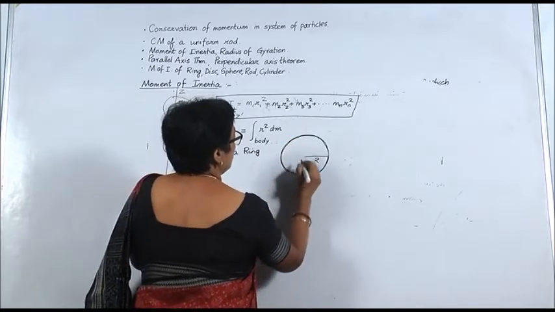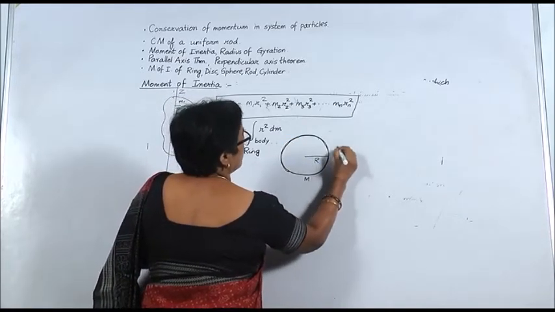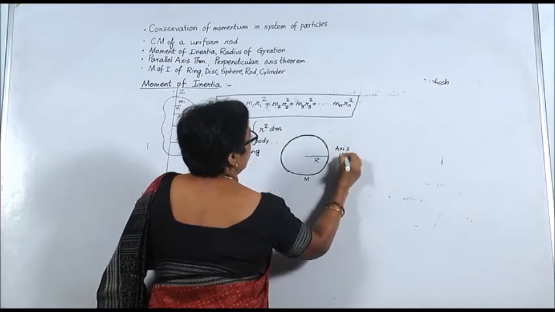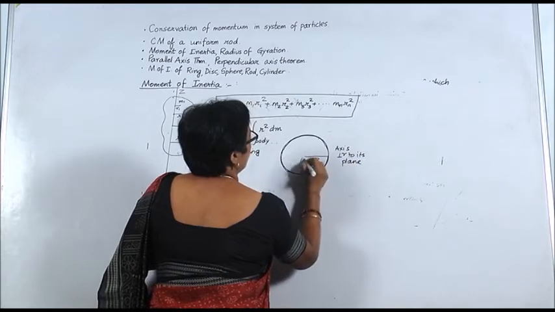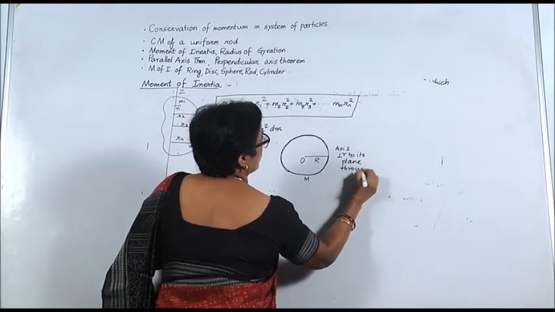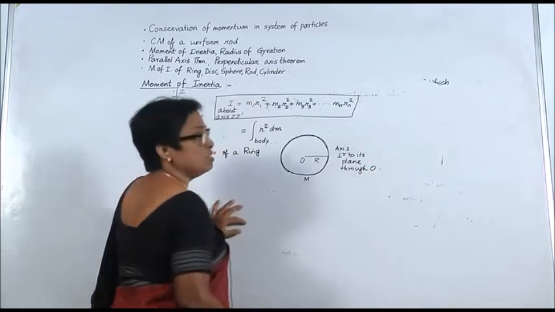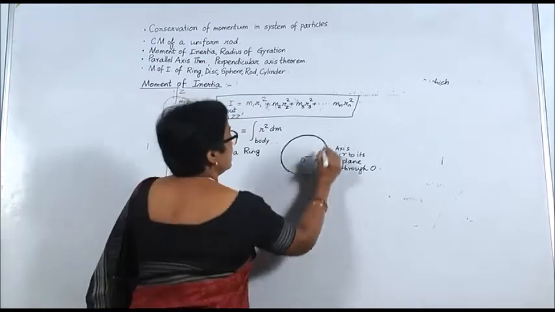So, the axis is passing perpendicular to its plane through O. This is the axis about which the ring is rotating.